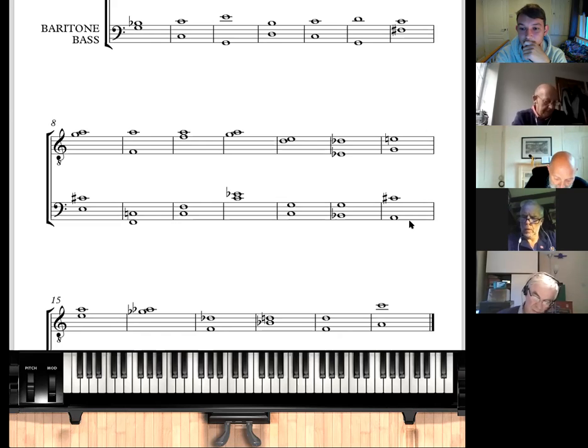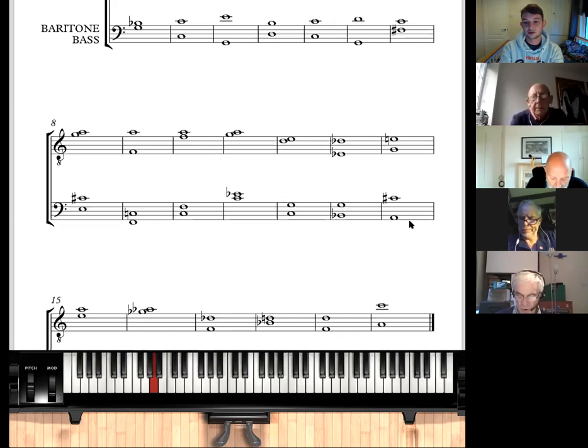A, C sharp, G. That's an A. A7, yeah, good. Root, 3rd, 5th, 7th. You've got the 7th there between the bass and the baritone.